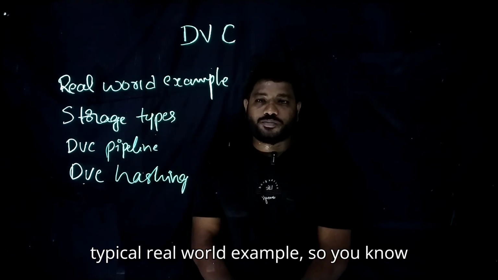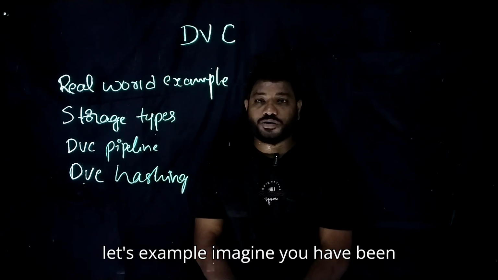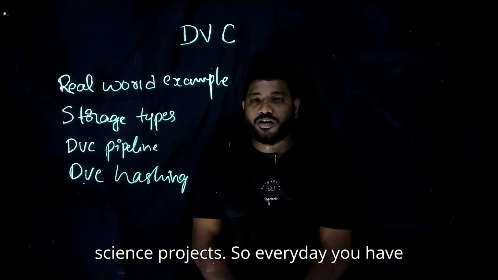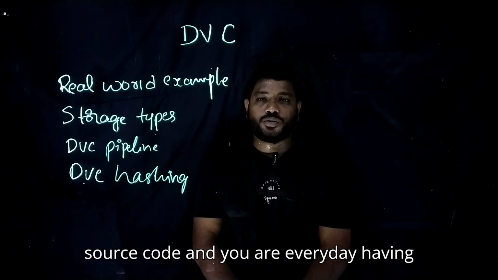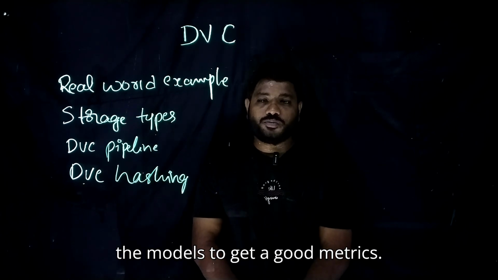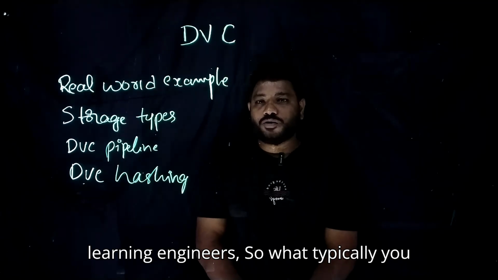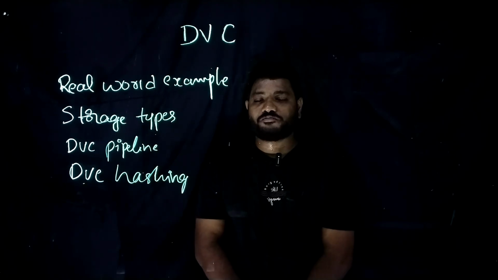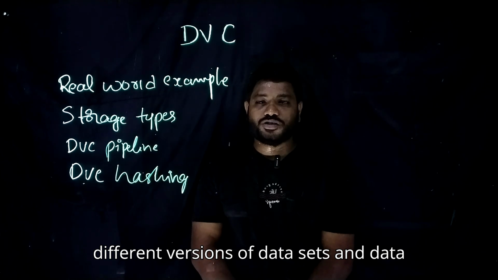And if you ask me for a typical real world example, imagine you have been working on one of the data science projects. Every day you have been changing the code in your source code, and every day you are changing the data sets and the models to get good metrics. Because as a data scientist or machine learning engineer, typically every day you work on different experiments and different runs, and use different versions of data sets.